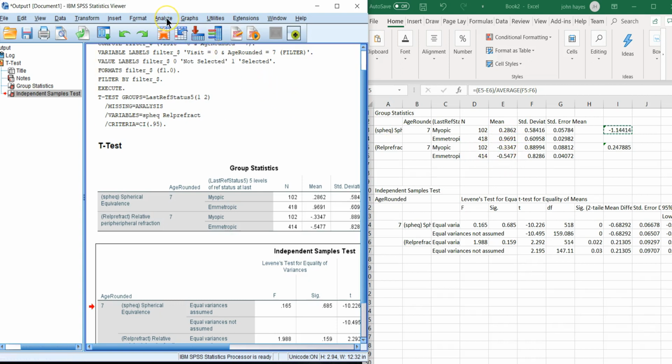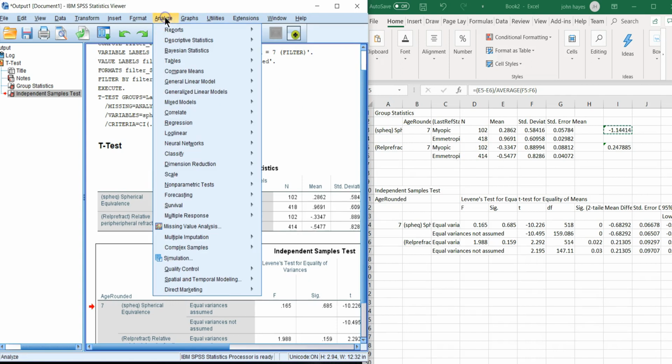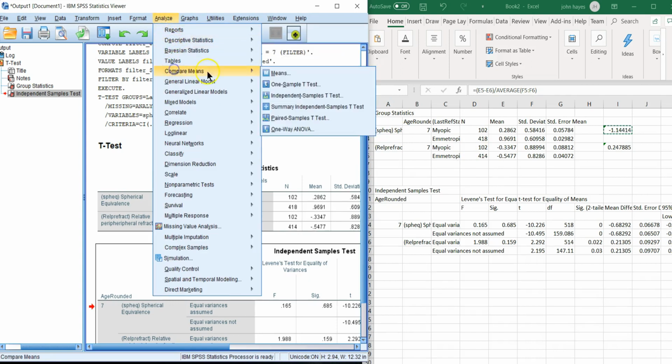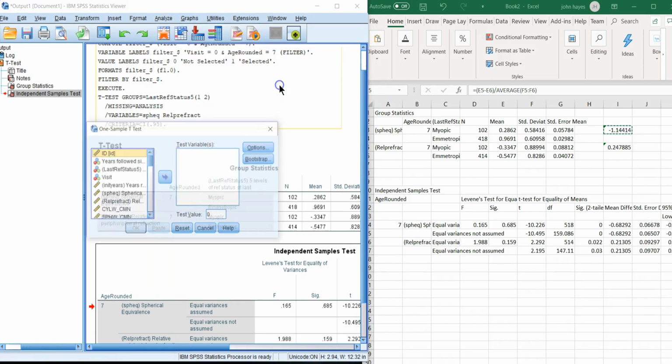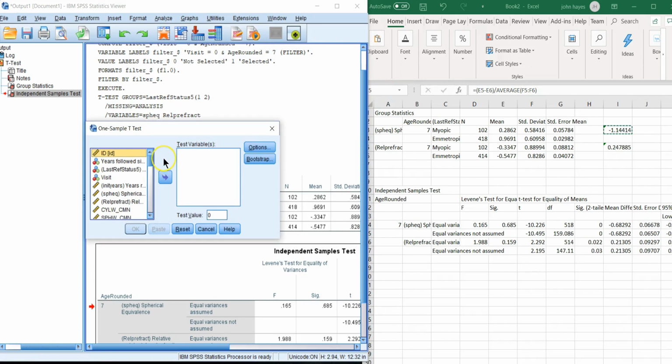So let's go in again and look at analyze, compare means. But this time we're going to do a one sample t-test because we want to know individually if the myopes or emmetropes are different. And so we come down to spherical equivalent, relative peripheral refraction, and our test value is 0. Now we can make this like minus 0.5. We could make it any number we wanted.